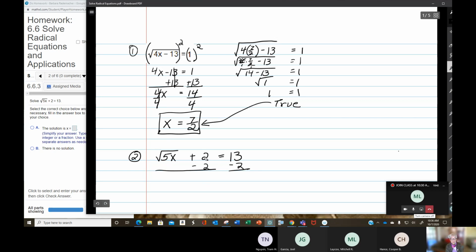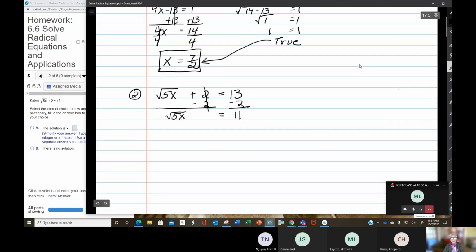2 minus 2 is 0, leaving me with the square root of 5x all by itself on the left, which is what I want. What matters is that it be on one side or the other all by itself. Now I can square both sides.